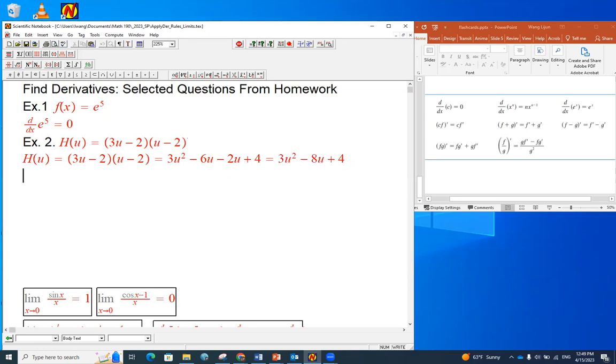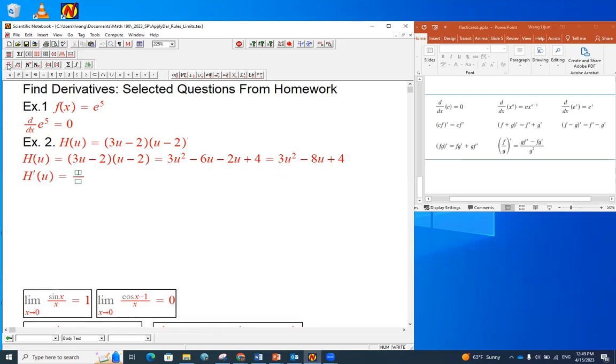When we differentiate h of u with respect to u, you can simply write h prime of u. Usually in this case, by default we know we were differentiating with respect to u. Well, you can also write it as the derivative with respect to u of the function h of u.